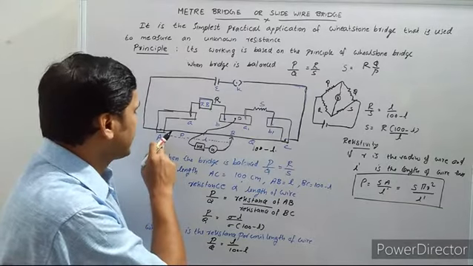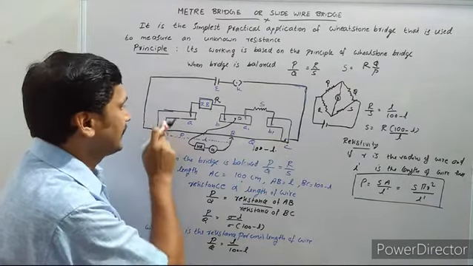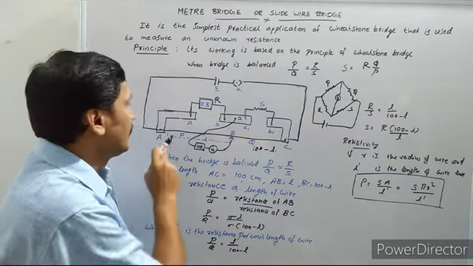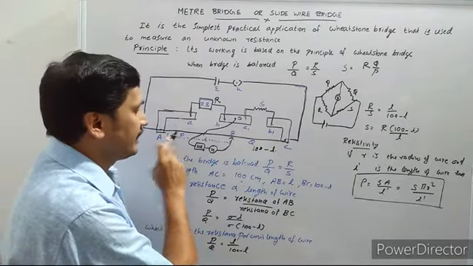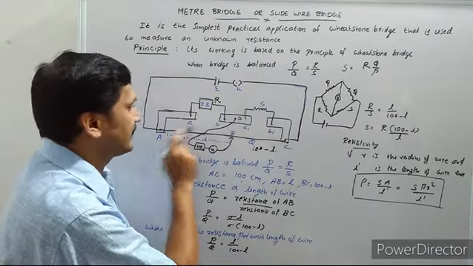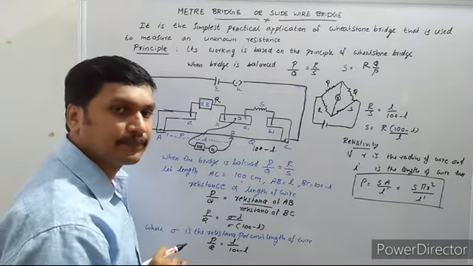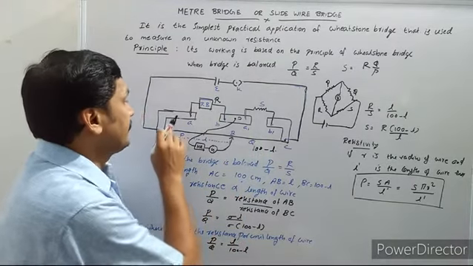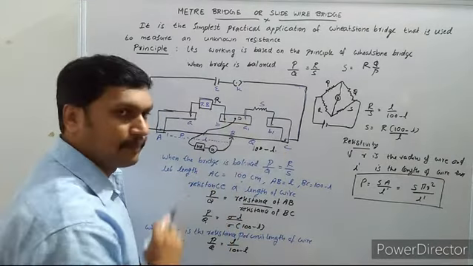At the ends of the wire, that is at A and C, we have two L-shaped metallic conductors, usually copper. The ends of the wire AC are soldered to these L-shaped conductors. Between these two L-shaped conductors, we have one more conductor made of copper.